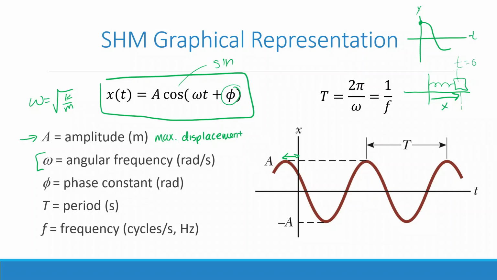Now, in reality, if you were doing a physical lab, we would use a motion detector, say we were doing the vertical system and we had a block here. A common way to do this is to put a motion detector on the bottom and then give this block a little displacement so it oscillates up and down.